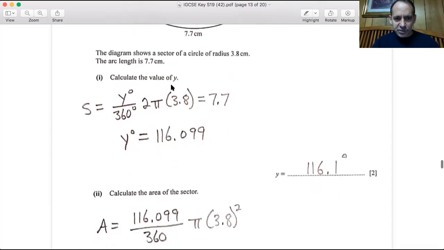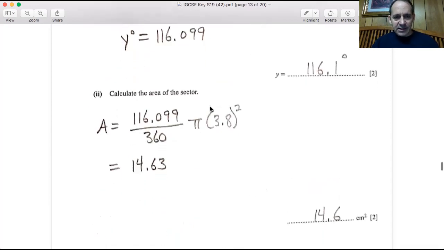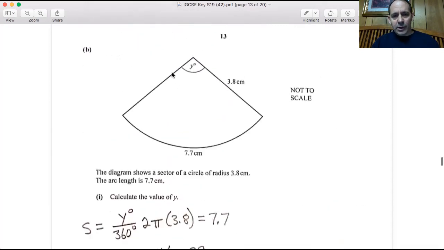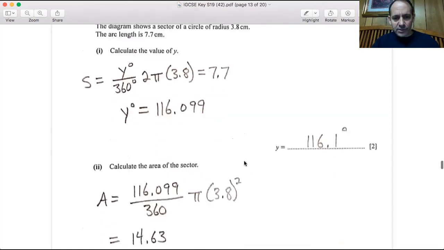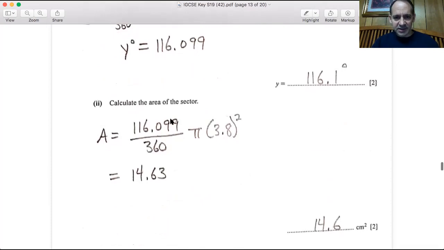Okay, so this is your degree formula for arc length that gave you the answer. You're solving for the y. Now calculate the area of the sector. So again, for area, we want the angle over 360, so the 116. Notice I took the 0.099 to be a little bit more accurate. Over 360 degrees, I didn't put the little degree circles.